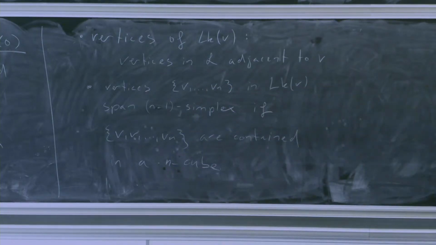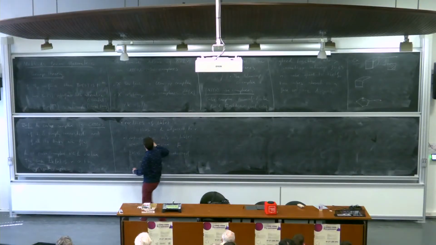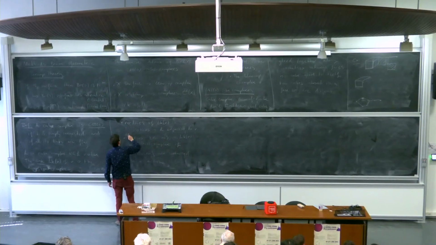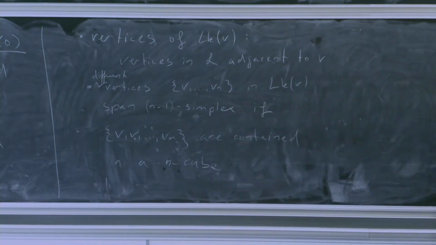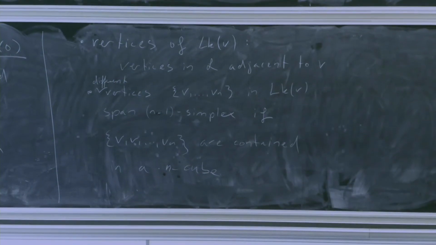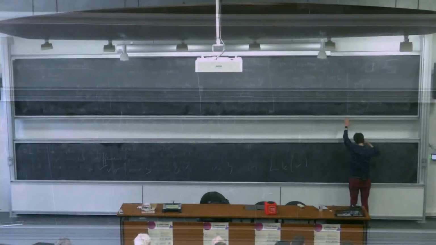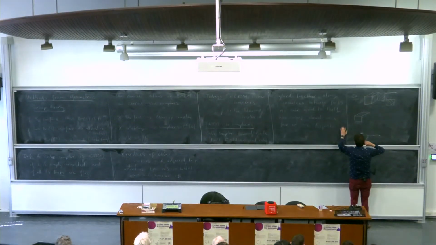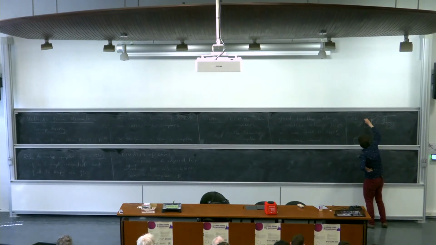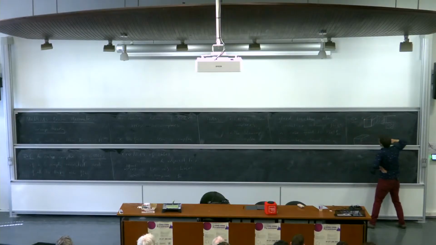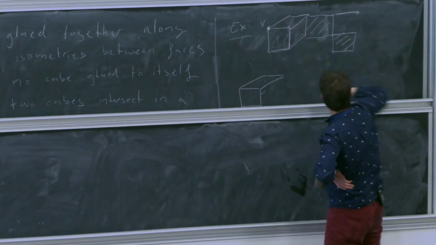So let's look at some examples. If we consider this vertex here, the link of this vertex consists of 3 vertices, 1, 2, 3.